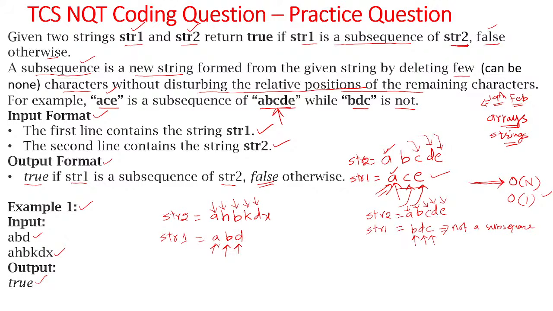Then we have reached the end of string 1. That indicates that all these characters are successfully identified in string 2, so you can declare it as a subsequence and return true. Even though we have not yet reached the end of string 2 and some more characters are there, all these characters are already identified.